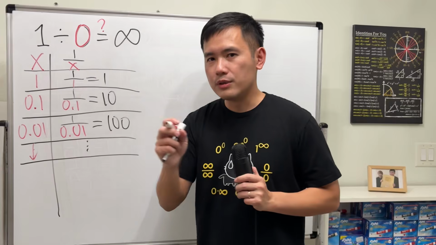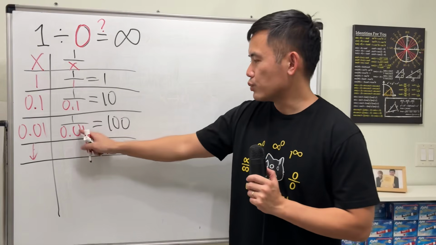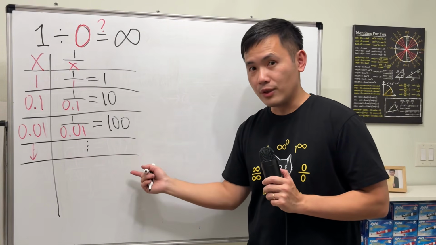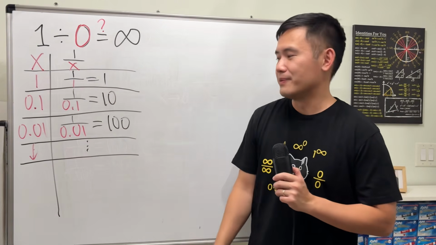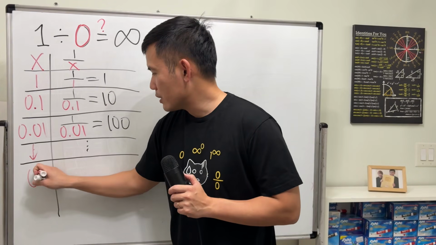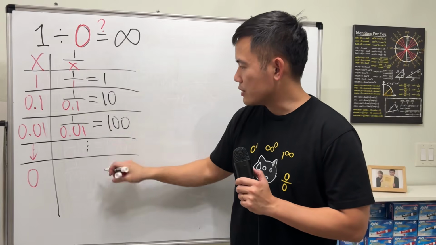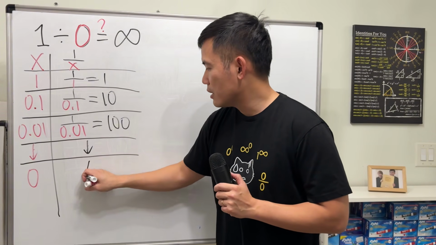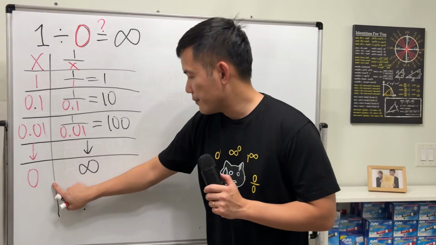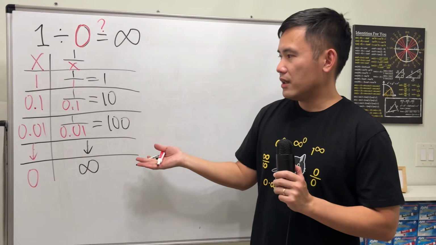You can put 0.00001 and then just do 1 divided by that, and you'll see the result is going to be much bigger. Ideally, we're trying to get to 0, and you can see that the result here will be approaching infinity. So that's the idea.